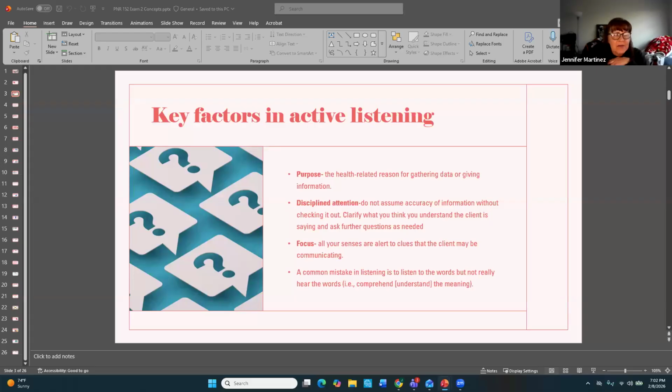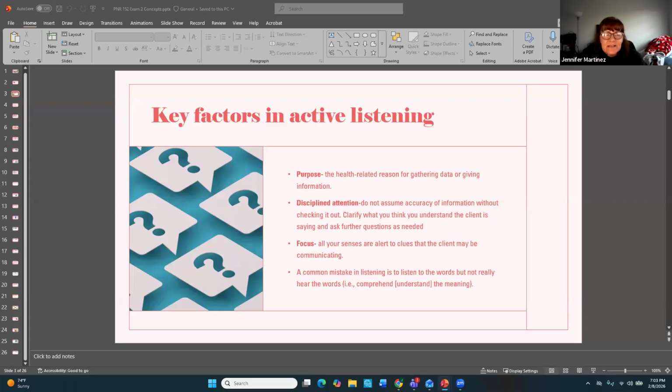Don't assume accuracy of information without checking it out. When you are gathering data from your client, make sure that we can ensure that the information that we're receiving is accurate, whether it's going back and looking at the chart or asking family members. Clarify what you think you understand the client is saying and ask further questions.